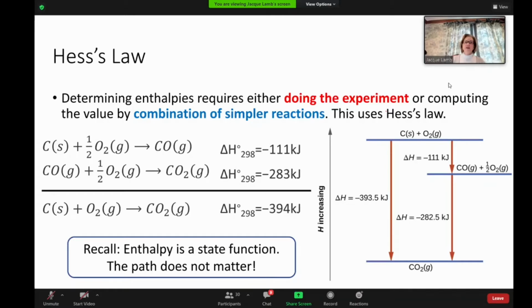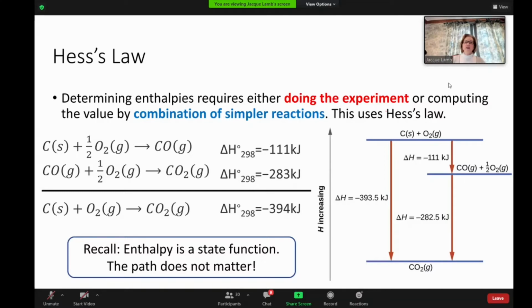One of those is known as Hess's law. You can determine the enthalpy change for a reaction either by doing an experiment and measuring the heat flow if it's under constant pressure, or you can use similar reactions.